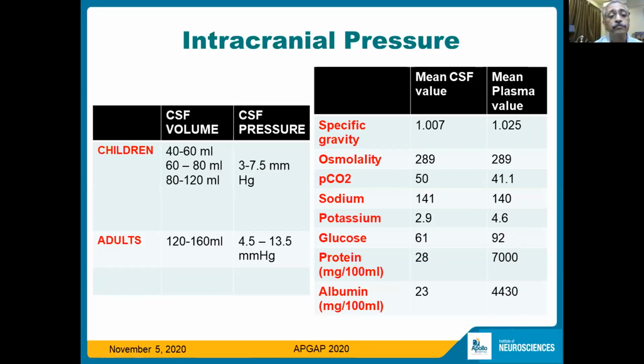milligrams percent. The normal formation of CSF is about 0.4 ml per minute, which means about 600 ml of CSF is formed per day. The normal volume in an adult is about 150 ml, which means the CSF is replaced about 4 times a day. Normal pressure is about 4.5 to 15 millimeters of mercury in adults.